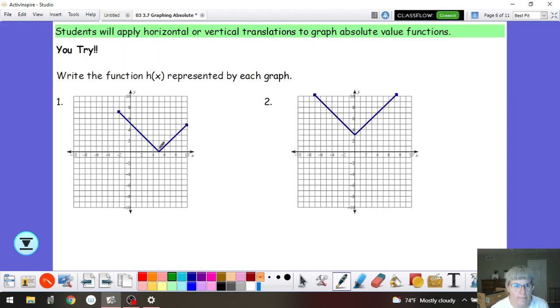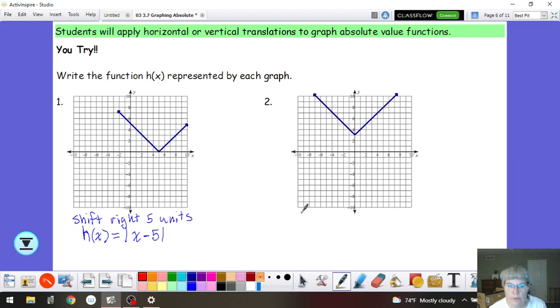So here's some more. Number 1 moves 5 to the right. When it's a horizontal shift like that, the change appears inside, and this time we're using h of x. Right is a positive direction, so inside the absolute value we want a minus 5.